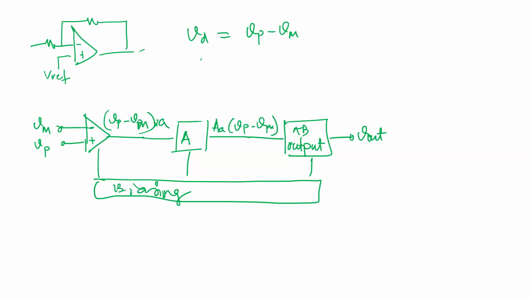Okay, then you have another term in differential amplifiers called the common mode. Okay, so we call it VCM. I'll just write it in a different color so that it's more clear.